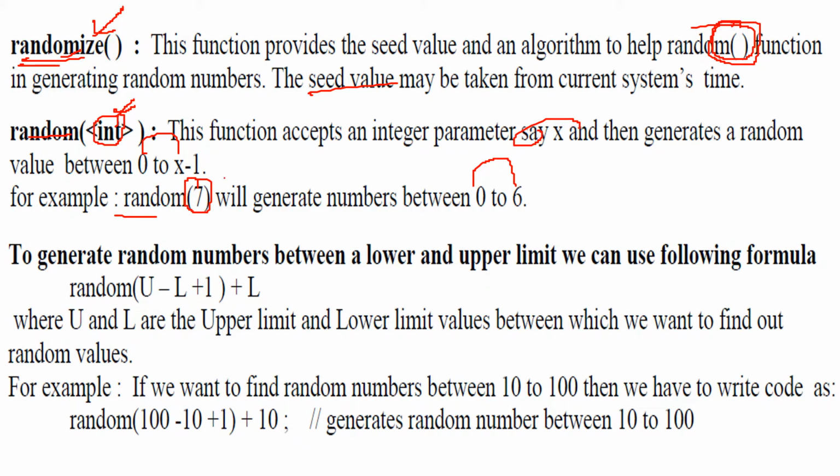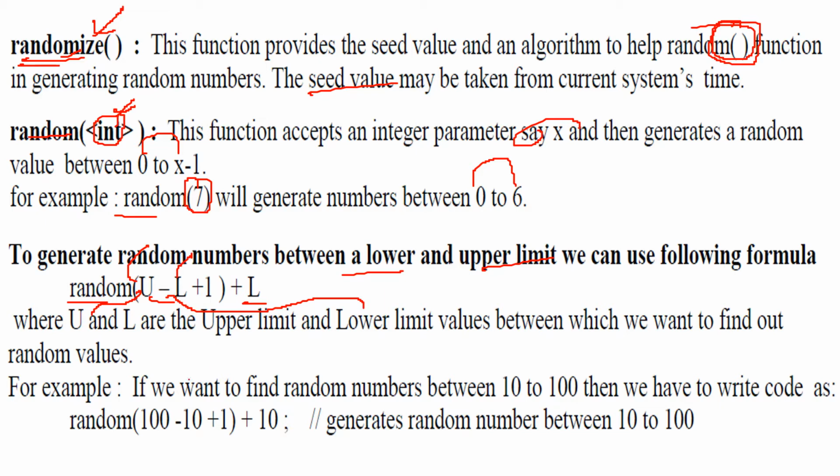And in order to generate a random number between a lower and upper limit, you can use the formula random(u minus l plus 1) plus l. Here u is the upper limit, l is the lower limit, in between which we need to find the random values.